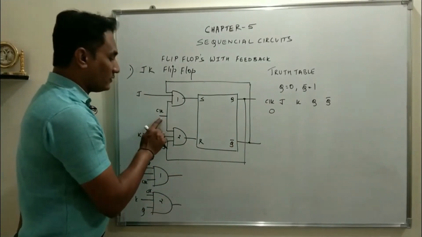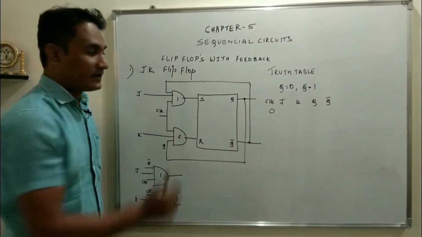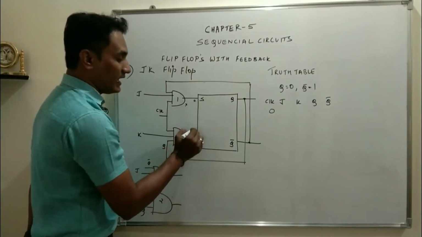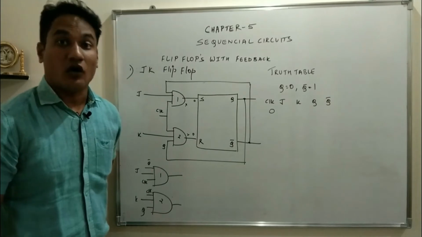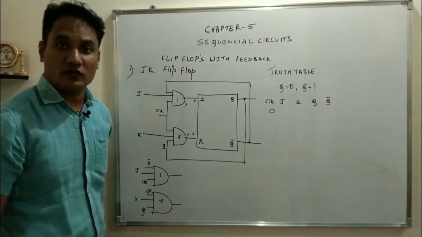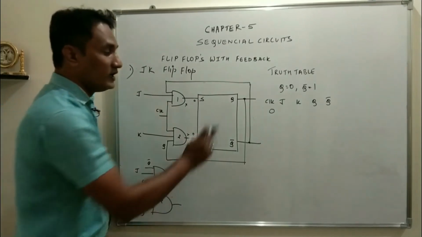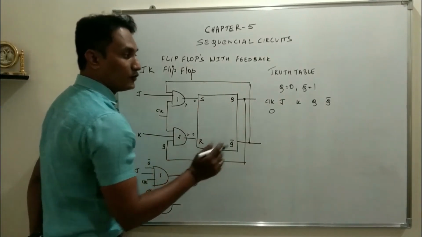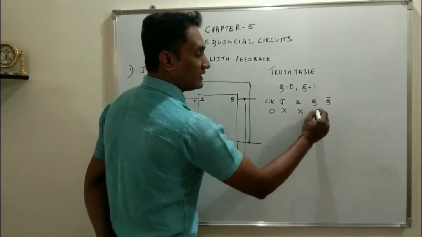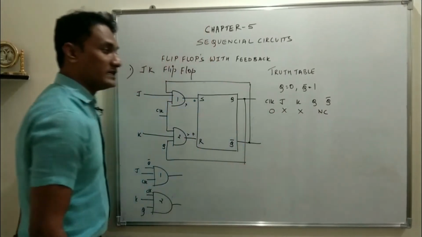When clock is 0, both the AND gates are deactivated. That means S and R, both inputs, are always 0. And if S and R inputs are 0, no triggering has been provided. Therefore, there will be no change in the output condition. So when clock is 0, irrespective of the condition of J and K, there will be no change in the output condition.